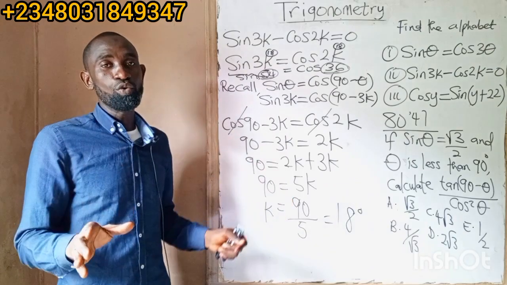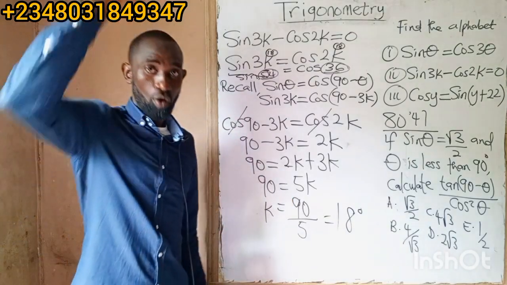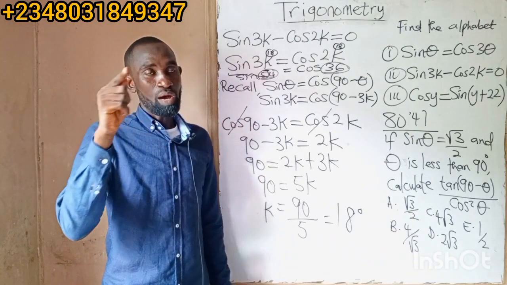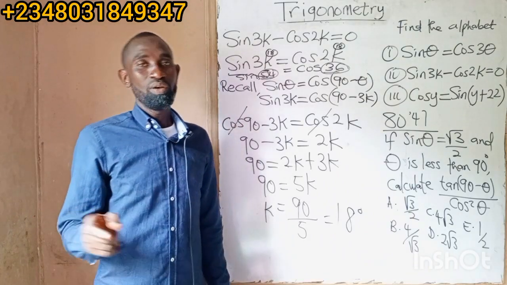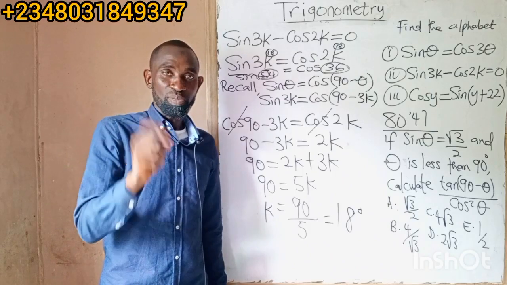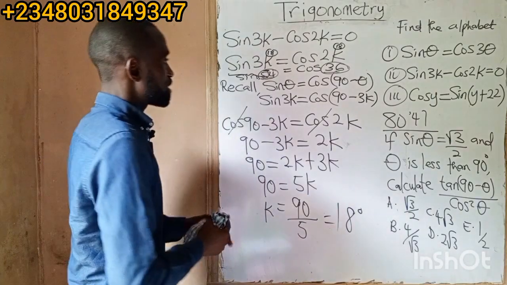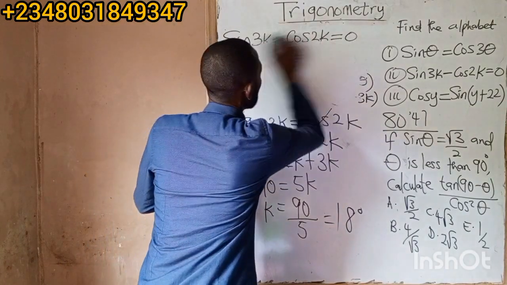I'll use that second video to do all the ratios. But in this case, after this one, we'll take trigonometric equation and trigonometric simplification. Okay? And we'll call it a day. So let's solve the third one.